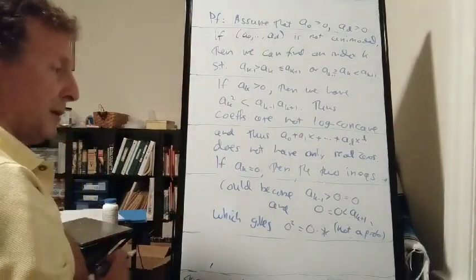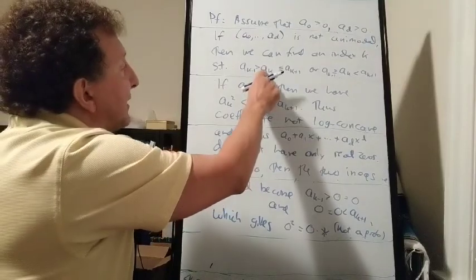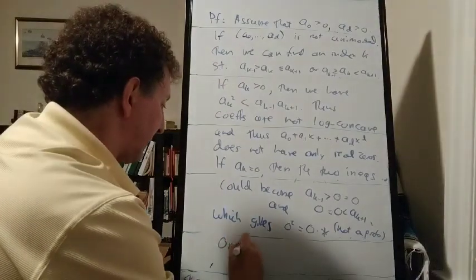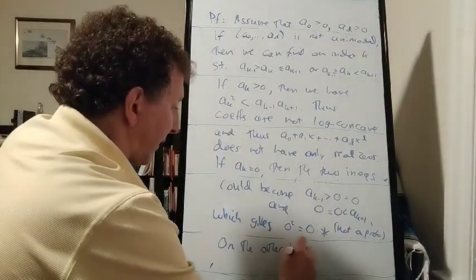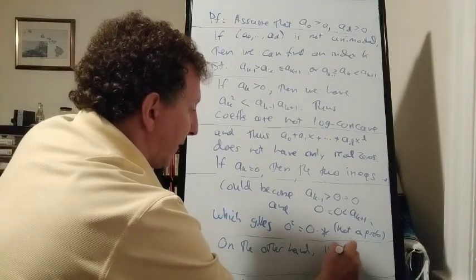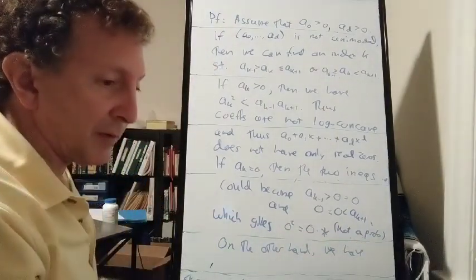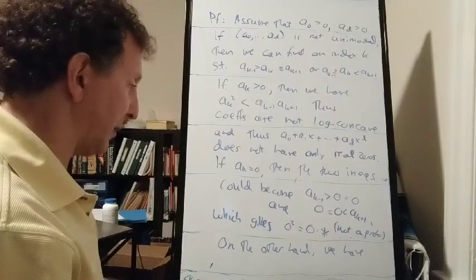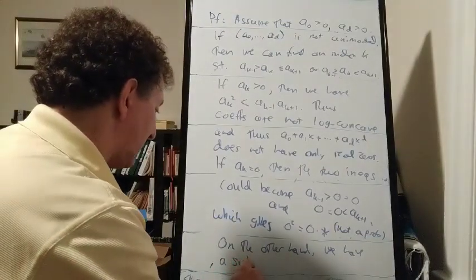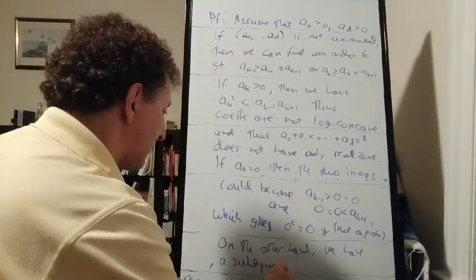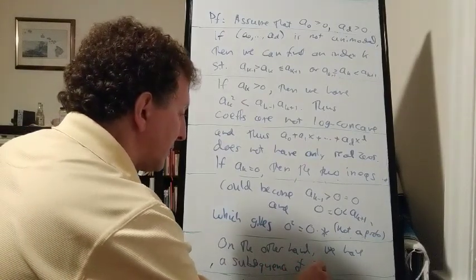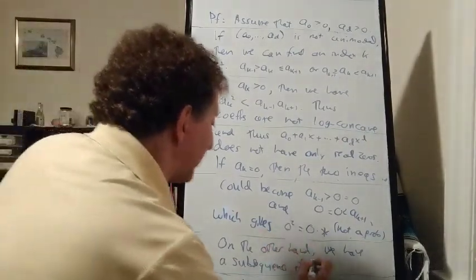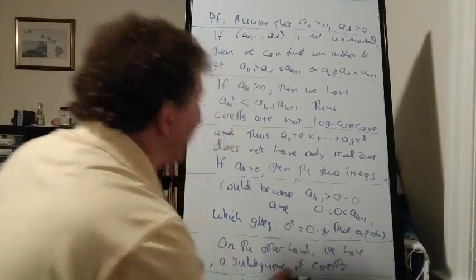But actually there is a problem if ak is 0, it's not this immediate problem. So we have a subsequence of zeros somewhere in the coefficient sequence of the polynomial.